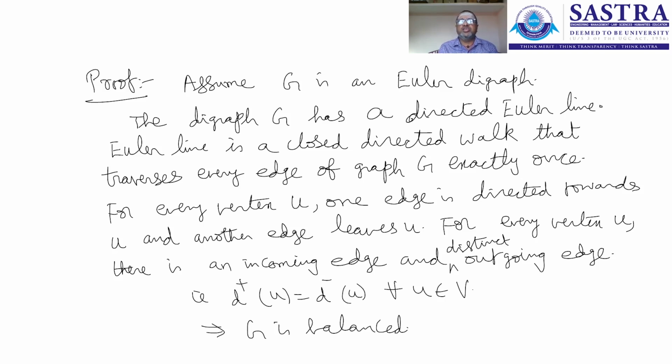Now I have to show that the graph G is balanced. So I proceed ahead. You have a directed Euler line. Now go back to the definition of the Euler line. What is a directed Euler line? It is a closed directed walk that traverses every edge of the graph G exactly once. If I take a vertex u in the graph G, I will have one edge directed towards the vertex u, and another edge leaving the vertex u.